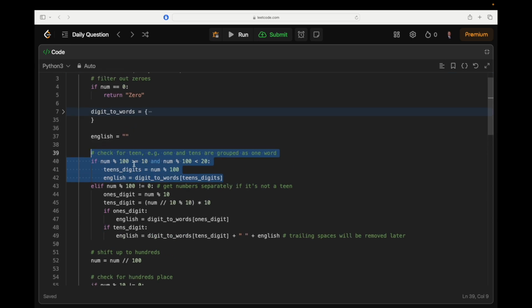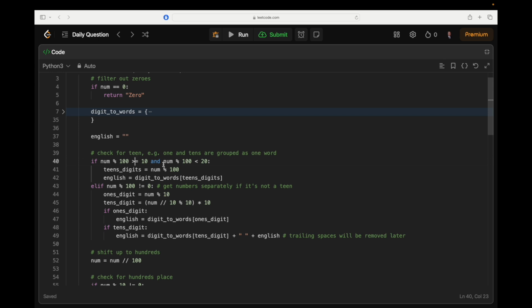To do that, I do the modulo of 100 to get the first two digits of the number. All right, so we have modulo 100. That'll give us the first two digits. And I check if that's greater than or equal to 10, because if it's 10, then it would still just be 10.